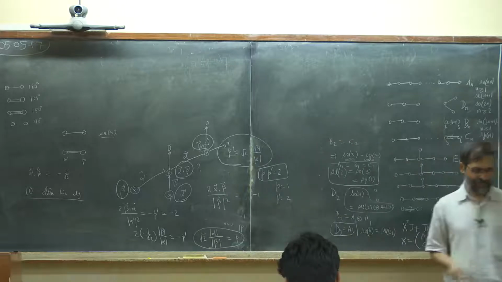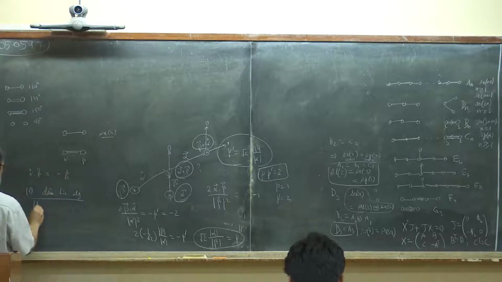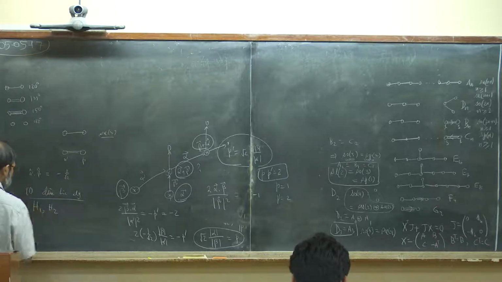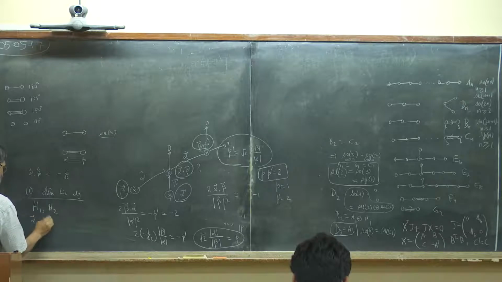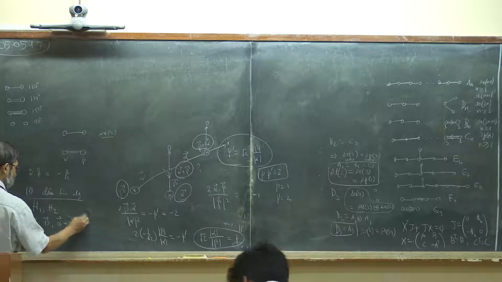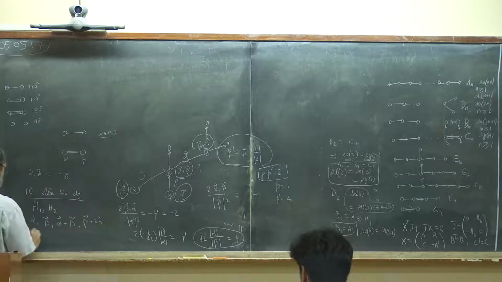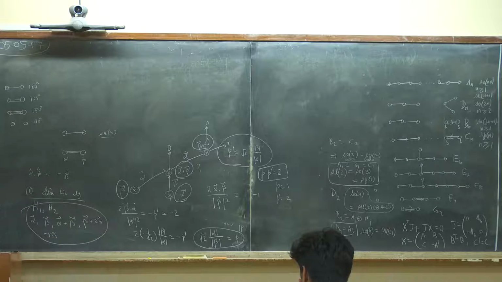So it's a 10-dimensional Lie algebra. To be precise, you have H1, H2, and then alpha, beta, alpha plus beta, and beta plus 2 alpha, and their negatives. So all told, you have a 10-dimensional Lie algebra.